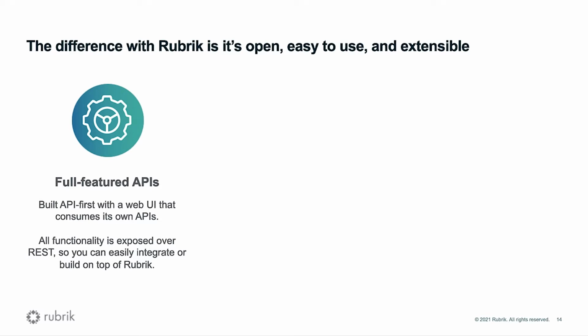If an API is broke or missing, or some feature doesn't work, basically our UI is going to be broke as well. So this is why our engineers really have strict requirements around always ensuring that an API accompanies any functionality that they build. So what this means as a customer is you can essentially automate anything that Rubrik does.